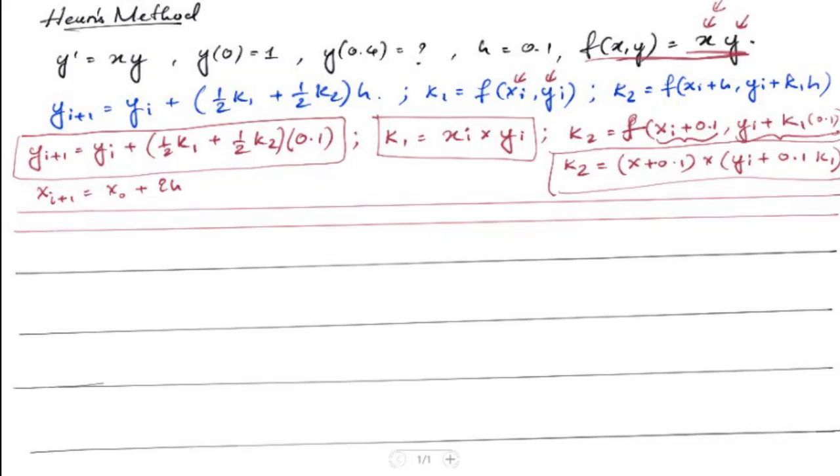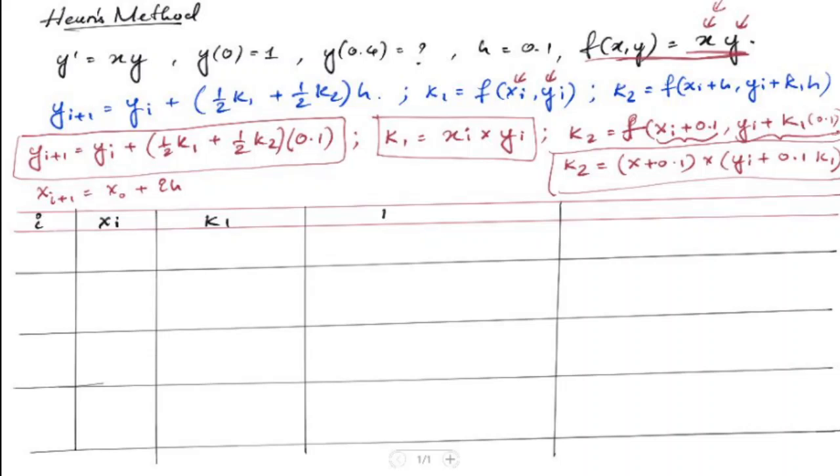First we'll have the values for i, then x i, then the values for k1, then the values for k2 and y i. So I write them down: i, x i, k1, k2 and y i.